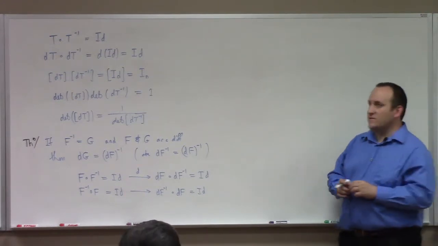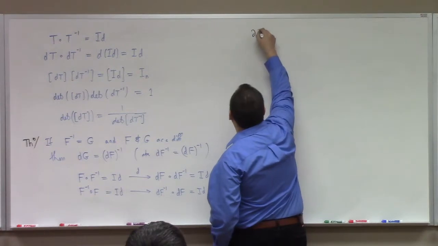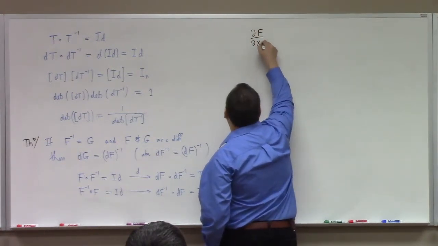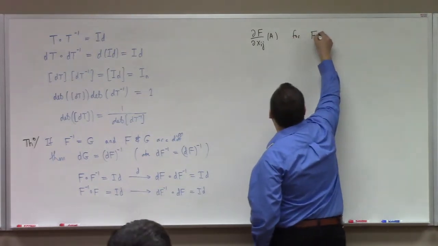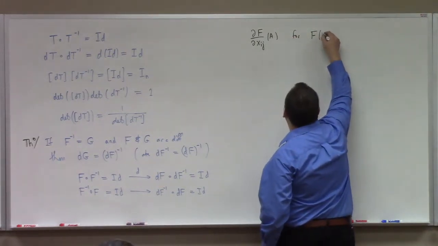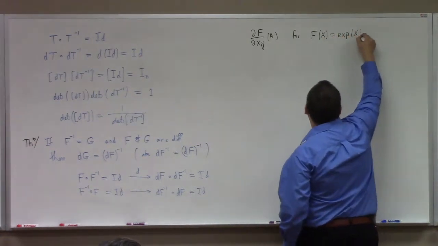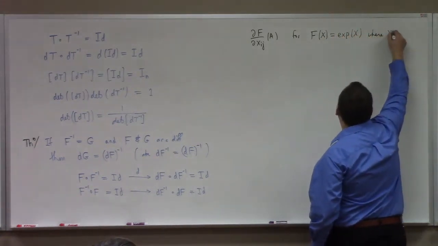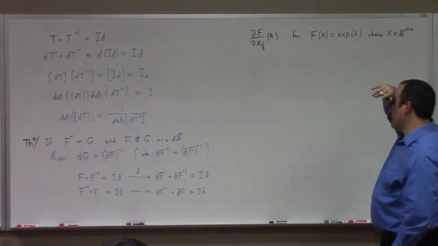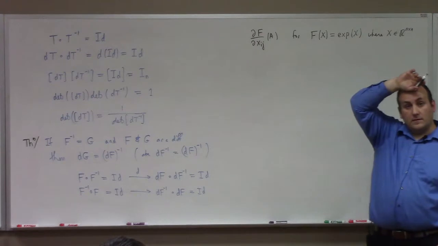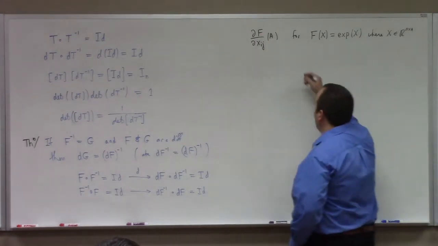I think I was trying to get you guys to calculate the partial of f with respect to x_ij at a, for f of x equal to exponential of x. Or I think the one I was asking about might have been for f of x equals x. Oh, okay, there as well. Good, also fair.